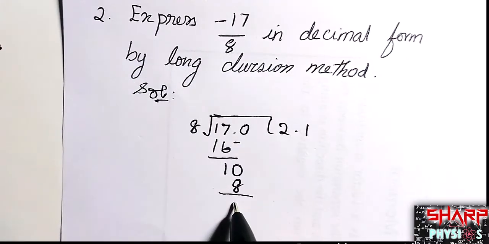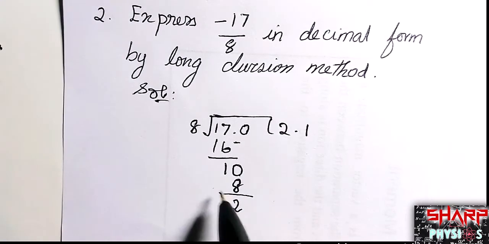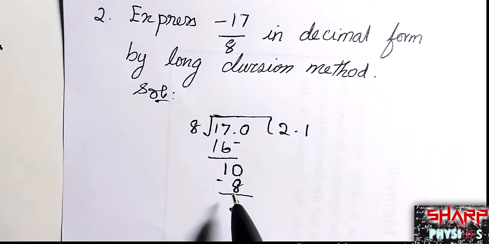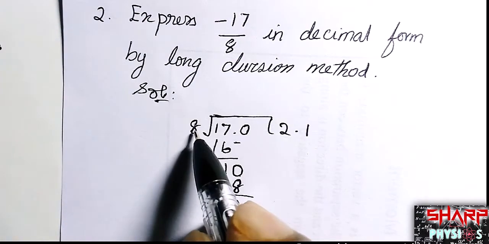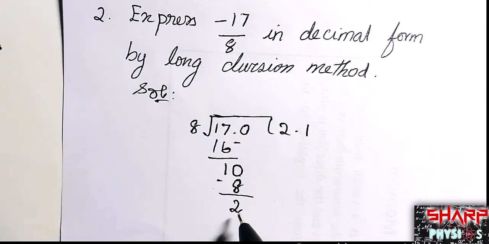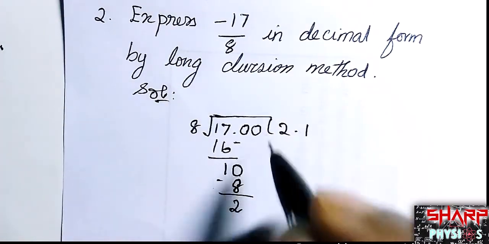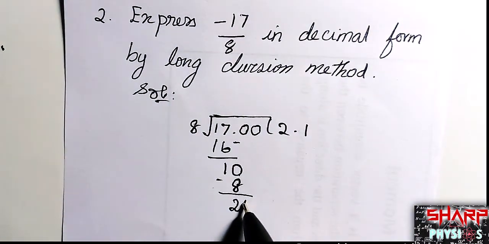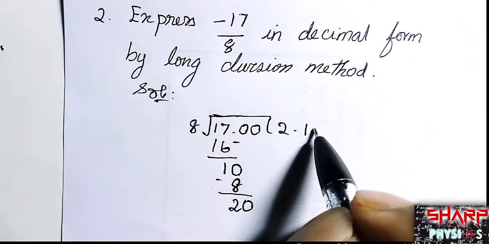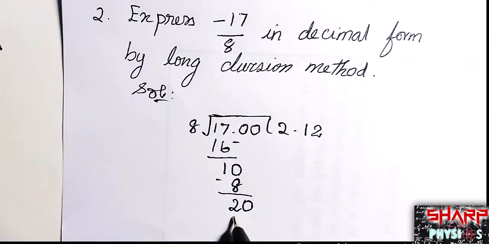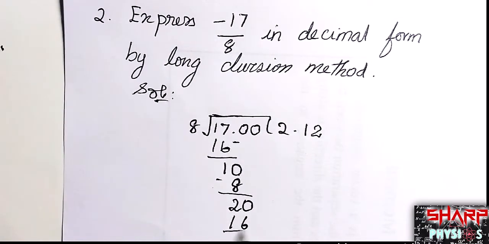You get a remainder 2 when you subtract it. So 2 is less than 8. So you have to add another 0 here and bring that 0 here. So 8 2s are again 16. You get a remainder by subtracting, 4.